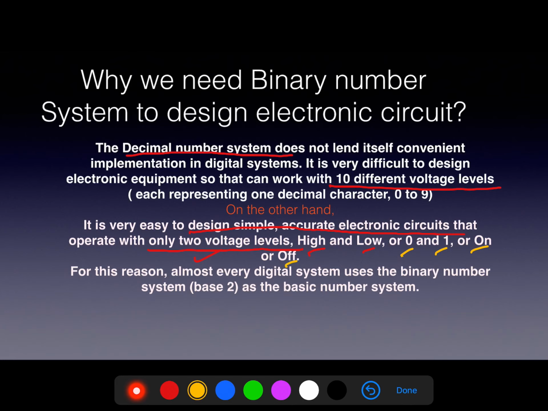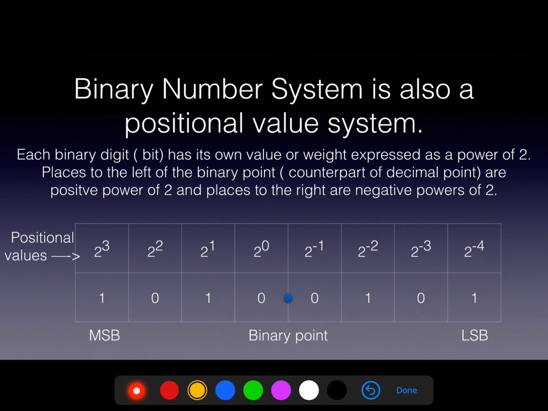We'll discuss that later in this chapter. That is why almost every digital system uses the binary number system, also called the base 2 number system, whereas the decimal number system is called the base 10 number system. Let's move to the next.